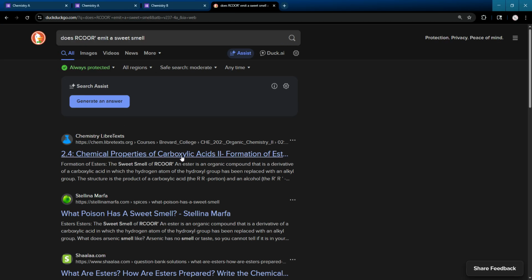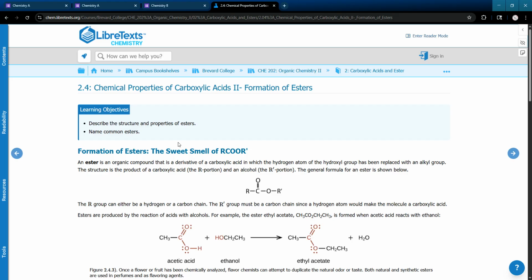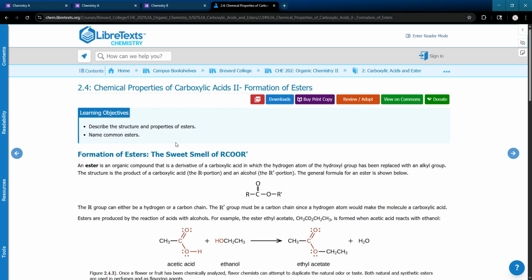Chemical properties of carboxylic acid. An ester is an organic compound that is a derivative of carboxylic acid, in which the hydrogen atom of the hydroxyl group has been replaced with an alkyl group. Interesting.